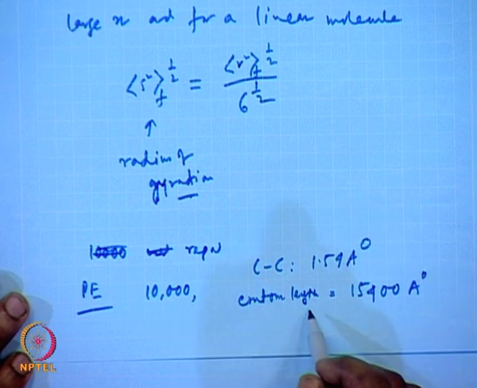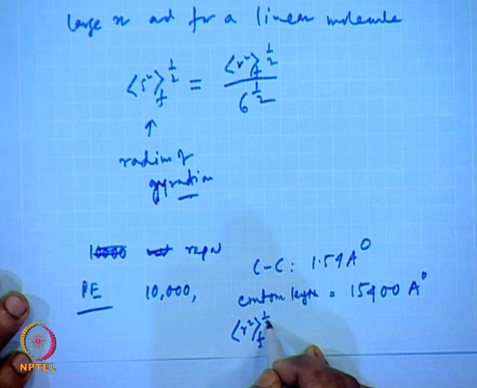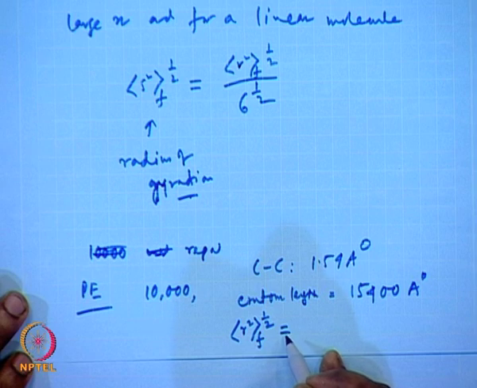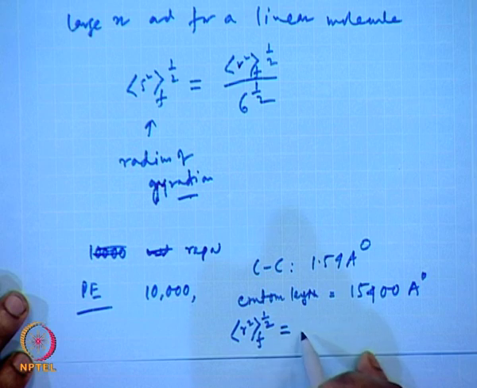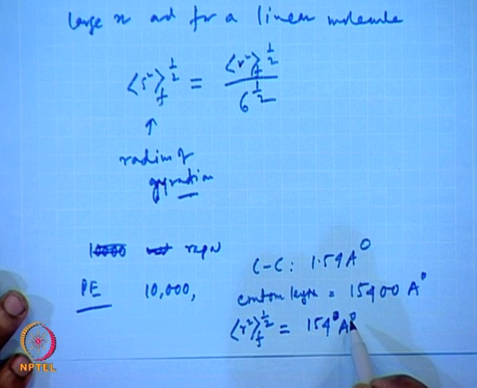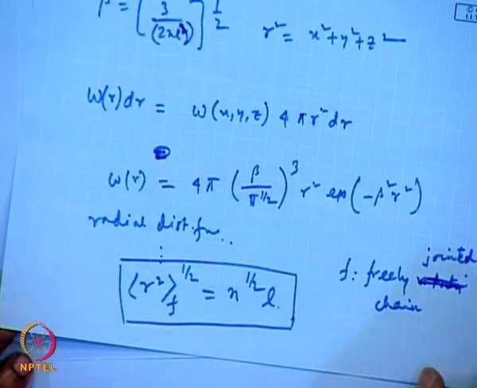Whereas your RMS end to end distance would be 154 Angstrom, which is 100 times lower than the contour length, and that is coming from this n to the power half term.